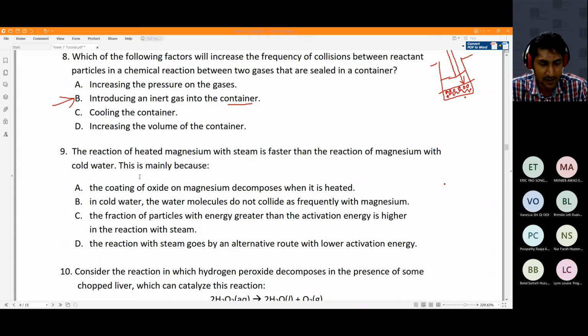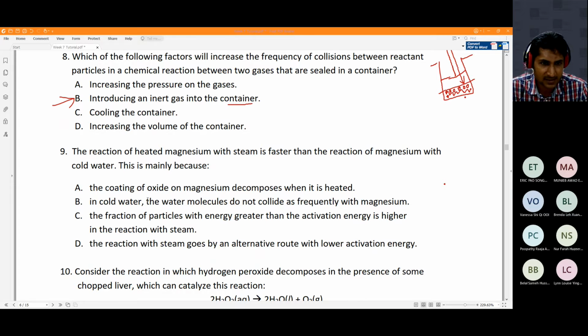Okay, so answer A is not correct because the coating of magnesium oxide will be formed when it is heated, actually, not reduced. Option B says in cold water, the water molecules do not collide as frequently with magnesium. It's not true as well, because water is in liquid form. Cold water means they are stable and also they do not collide that frequently.